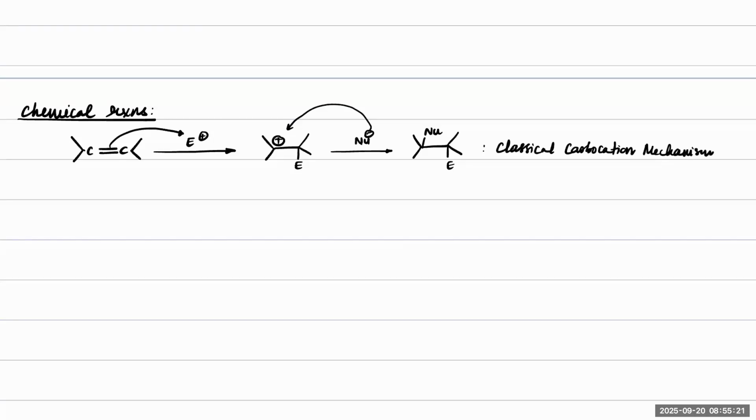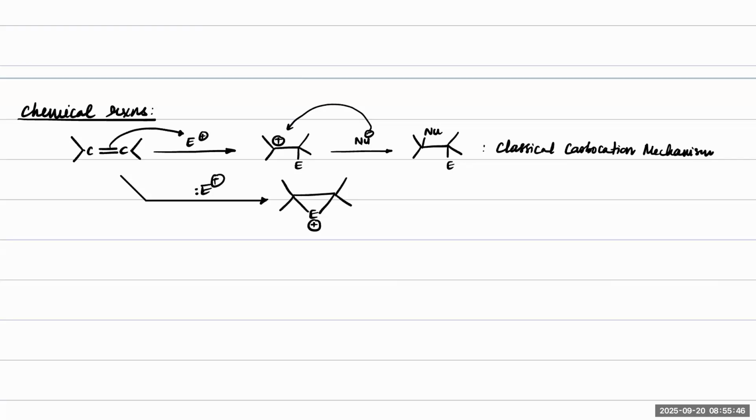But if it comes to chemical reactions here, suppose the electrophile already has a lone pair on it. It will not let the carbocation form completely. So what will it do? It will form a bridged compound like this with a positive charge.